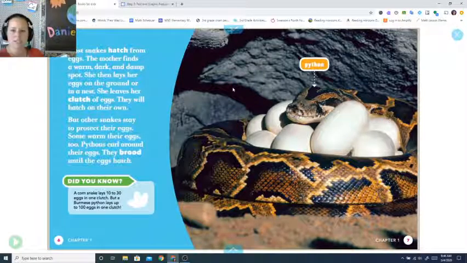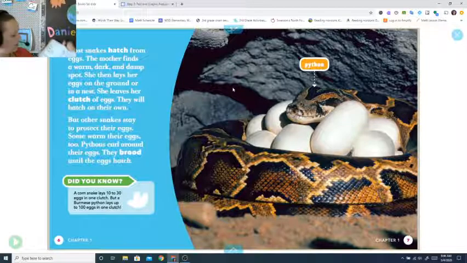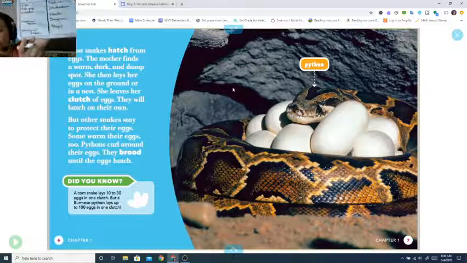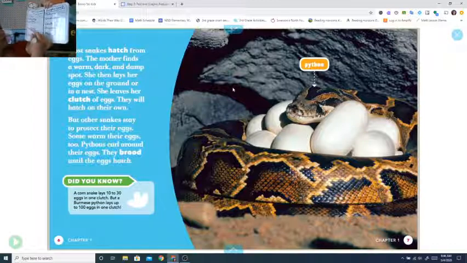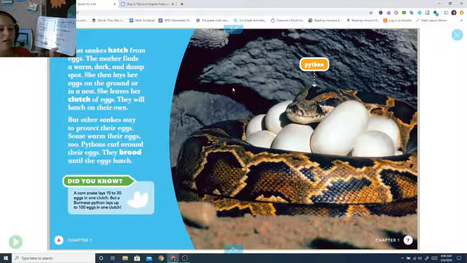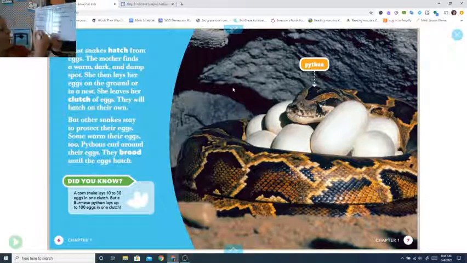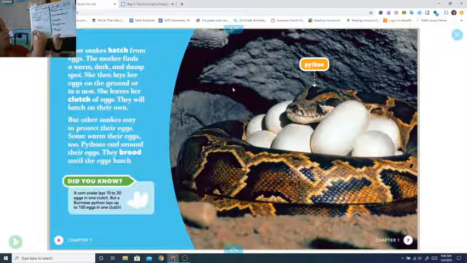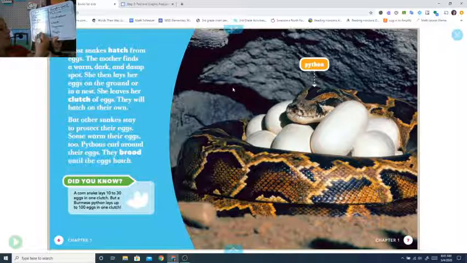Okay, so let's look at our text and graphic features. Text features: we used our glossary, because we didn't know those words. So I'm going to write the word brood, the word clutch, right there. I'm sorry, it's kind of hard to see what I'm writing. That's okay. We also have the blurb about eggs, so I'm going to put egg facts because we talked about the eggs.